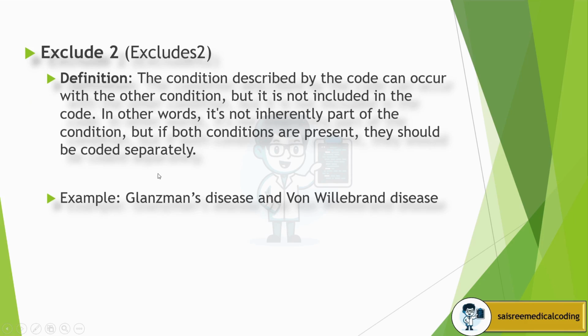Two conditions mentioned by a provider can be coded together. This is exclude 2 convention. The example documented is Glanzmann's disease and von Willebrand disease. I'll show this example in our ICD-10-CM manual.